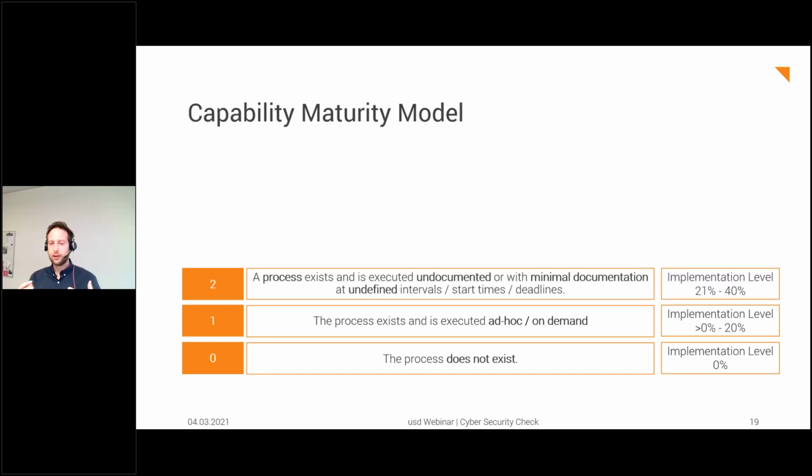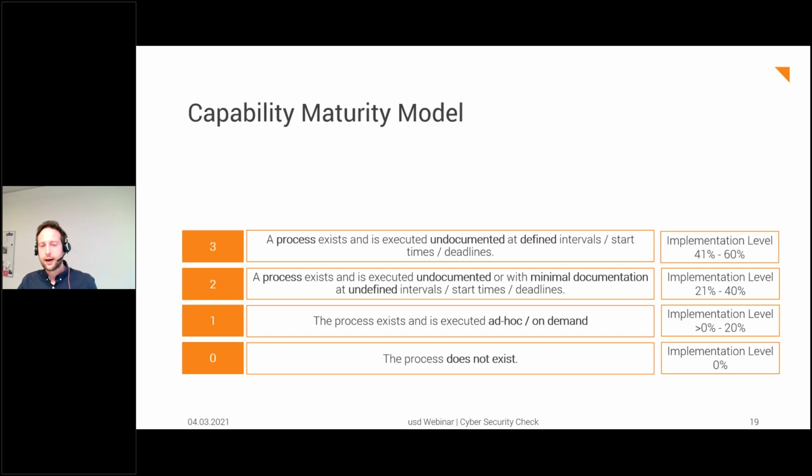And then we improve here. Maybe these are actually documented, and you do these a couple of times, but there's no really defined interval. There's no defined start time. There's no defined deadline. So we are looking at a 2, but at least you're not doing this only on request. Then we go up, and now we are starting to do this frequently in defined intervals, once a month, twice a month, stuff like that.